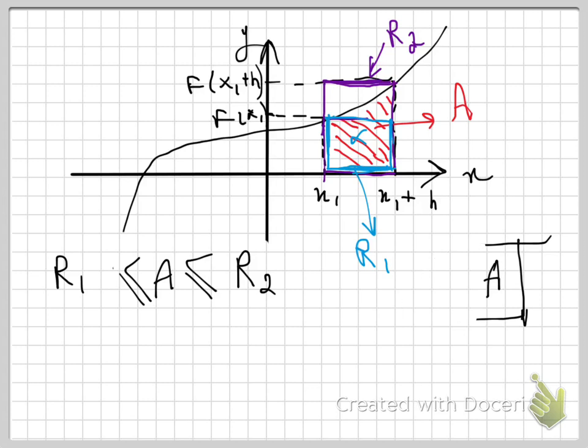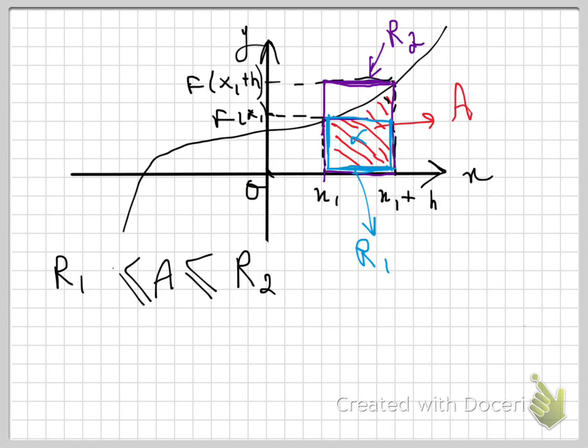Now, after writing this bounding of A, we can also write A in a different form. Let's see together. The area A is equal to the area of the whole part between O and x1 plus h.